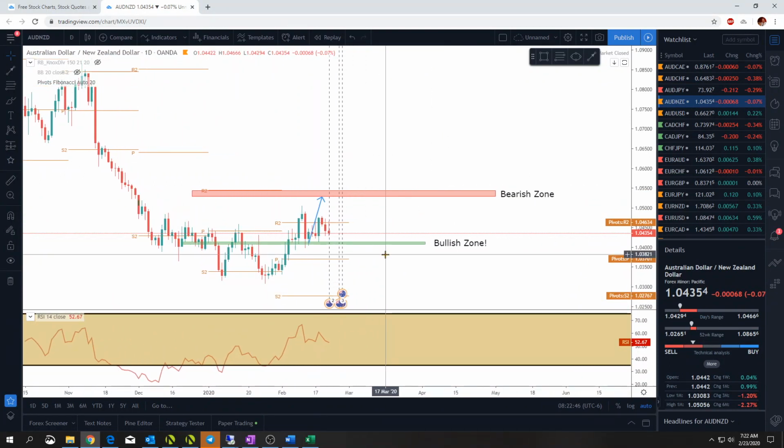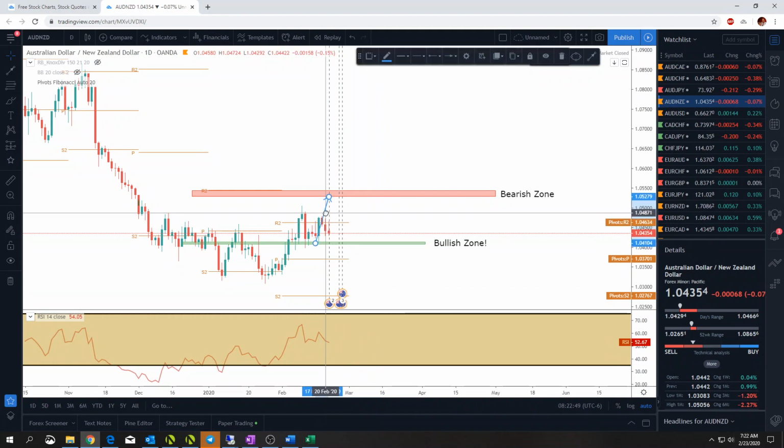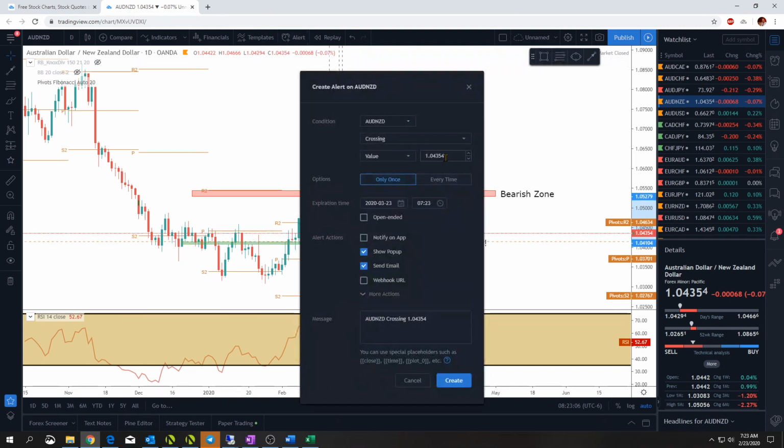So, where I had this prediction arrow, still like it. It hovered around last week's R2. So I'm going to go ahead and put an alert here again. 04136. Looking to buy.